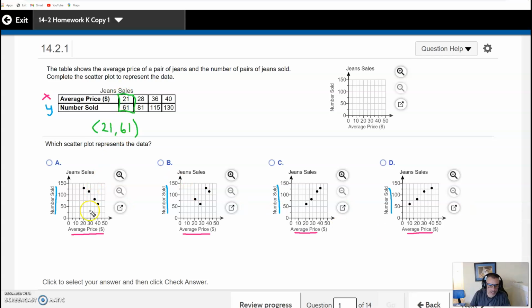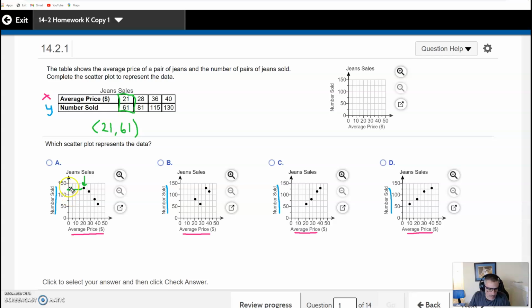Okay, so let's look here. On this one, the average price, let's see, 5, 10, 50, here's 20, and here's this dot right here. I don't know exactly what it is, but the x value is a little bit past 20, which is good, but look at the y value. I need a y value of 61. This one has a y value that looks like 125.